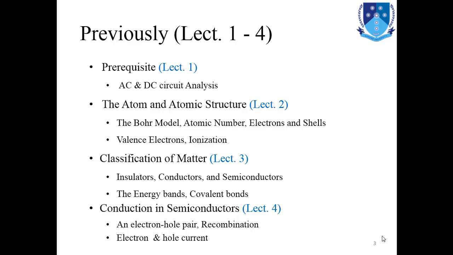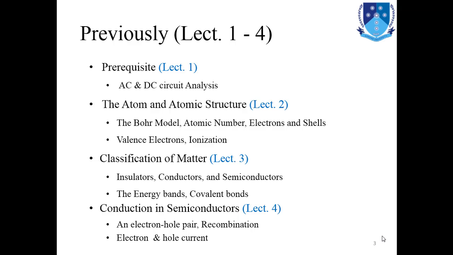Or we can say that semiconductor materials can be used as insulators as well as conductors. Or in another way, semiconductor materials are those materials which have some properties of conductors and some of insulators.